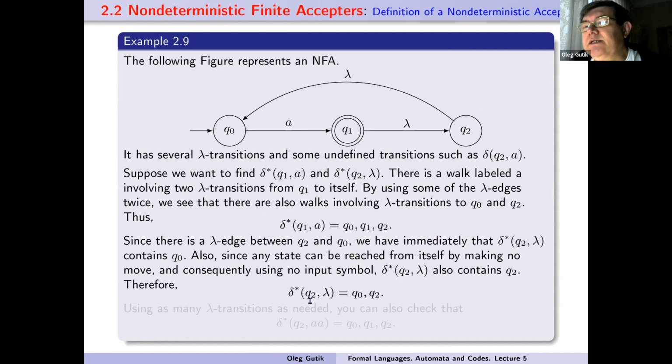Therefore, delta star of Q2, lambda is equal to the set of states Q0, Q2.